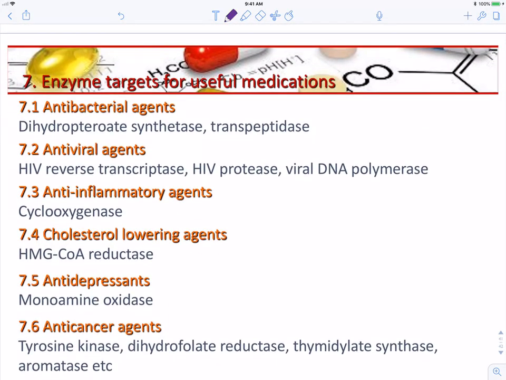Okay, so in the last couple of slides, we are covering a few enzymes that are used as targets in therapy.